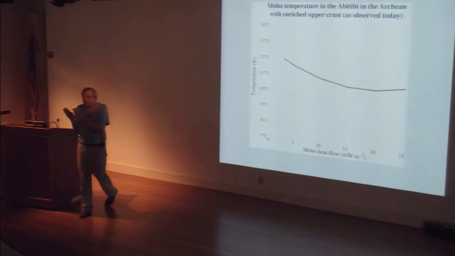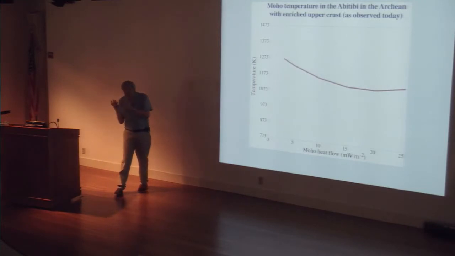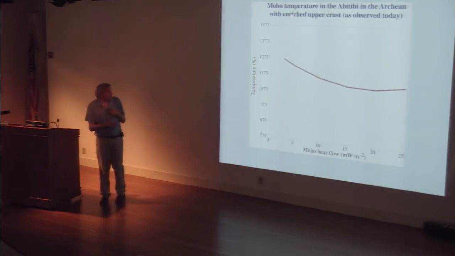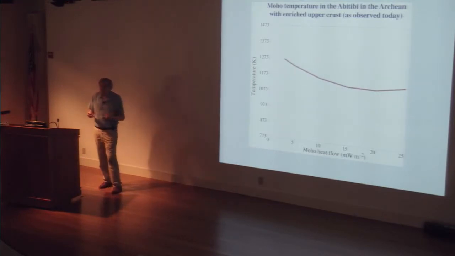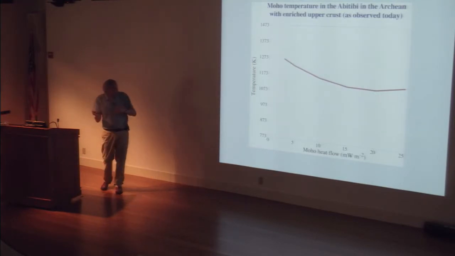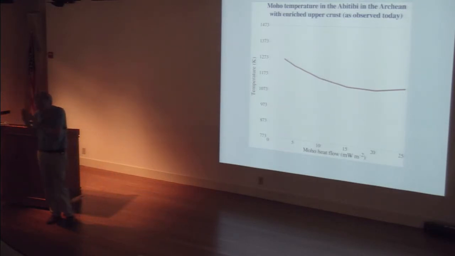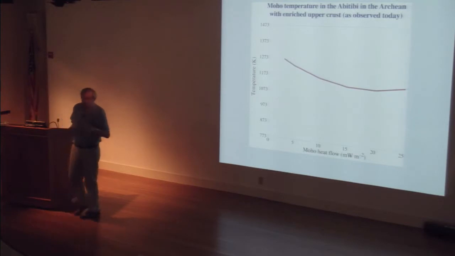At this time, we can see that the crust was probably just near melting point, or had maybe just finished melting. If it had not been enriched in the upper crust, if it had been undifferentiated, the temperature would have been way up there, by about 200 degrees C. So you can see the Abitibi crust as we see it today in the west was probably just marginally stable, with the higher heat flux just near melting point, maybe just below it.